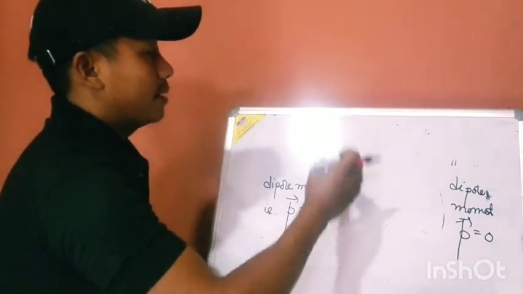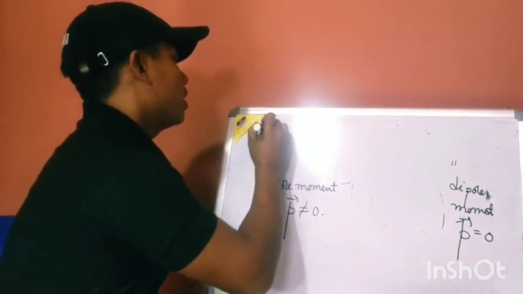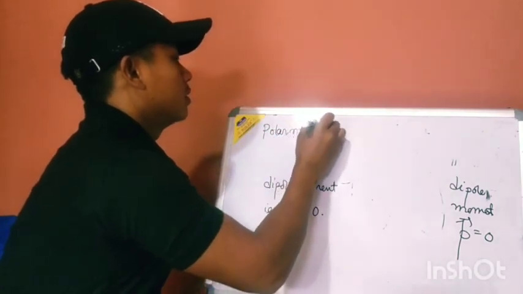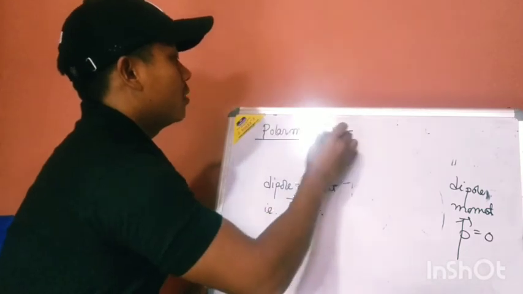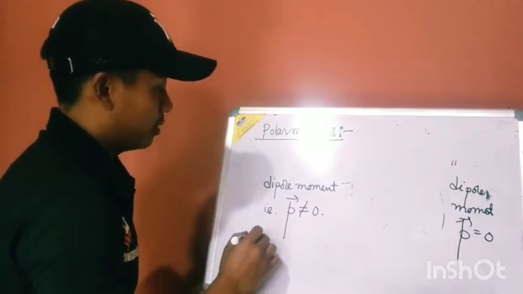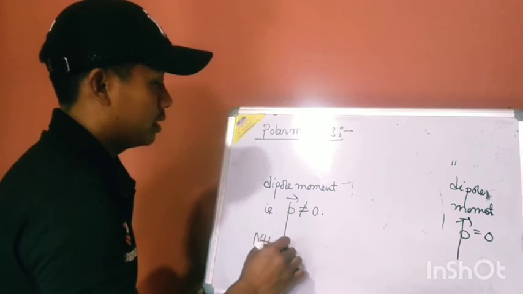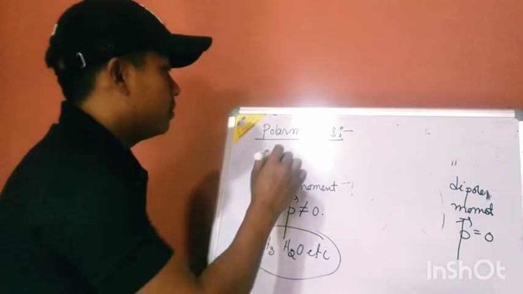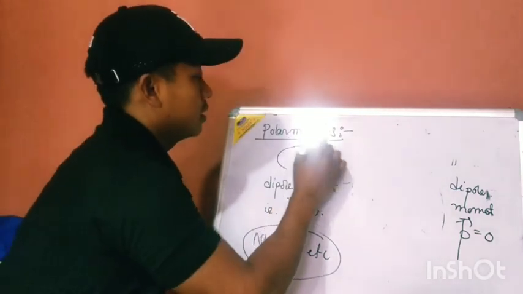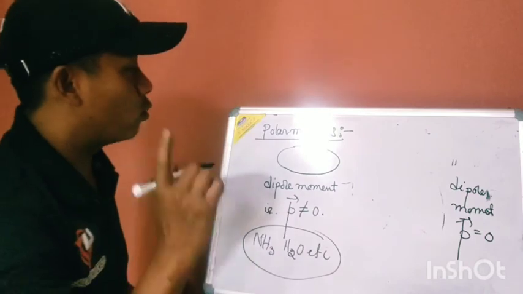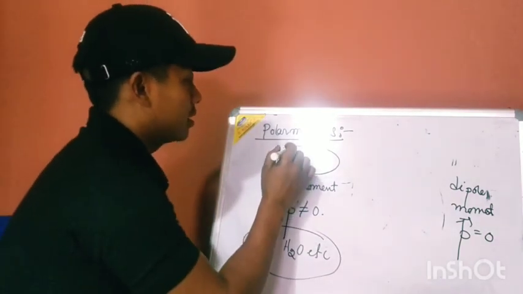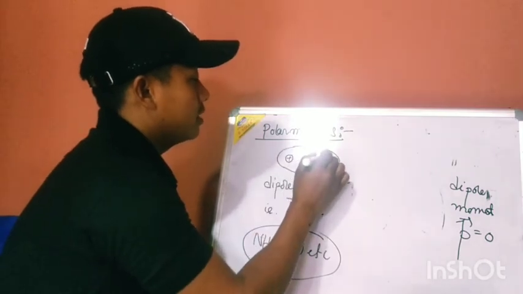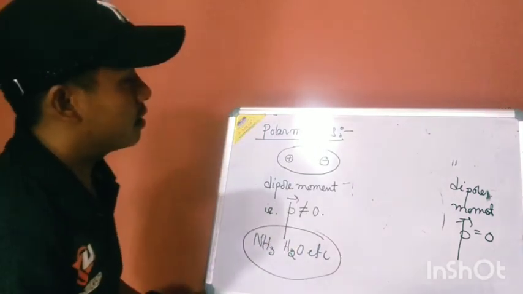See, the first examples that I gave you are called polar molecules, just like what I have written: ammonia, water, etc. In such polar molecules, in one molecule of the polar substance, the center of the positive charges and the center of the negative charges are not at the same position.